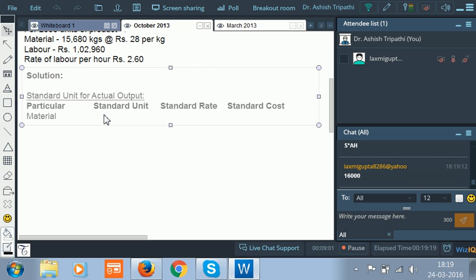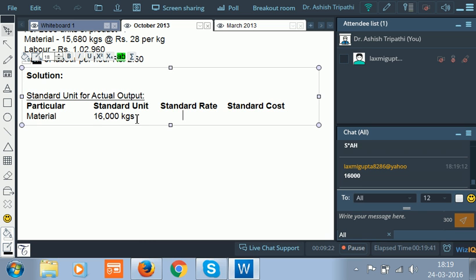So let us write here 16,000 kg. Standard rate of material is 25 per kg.